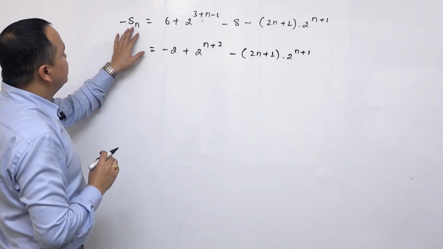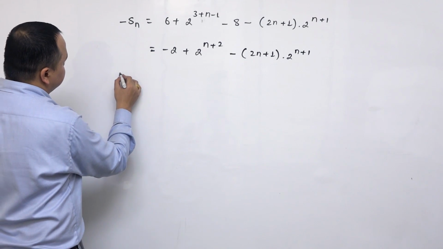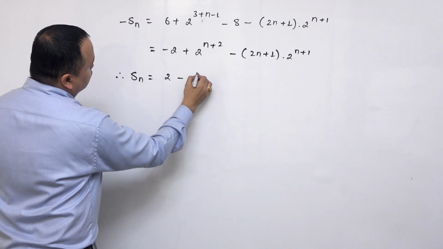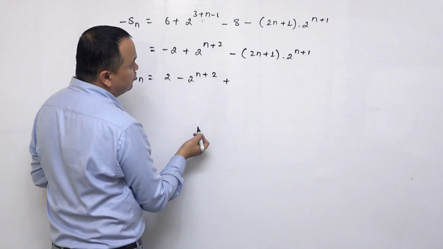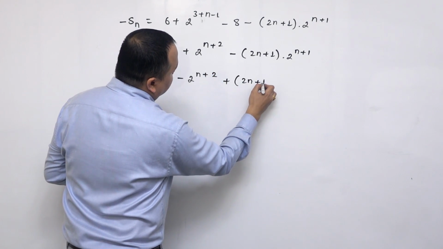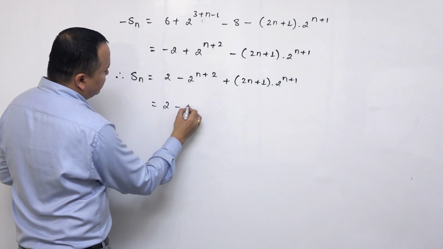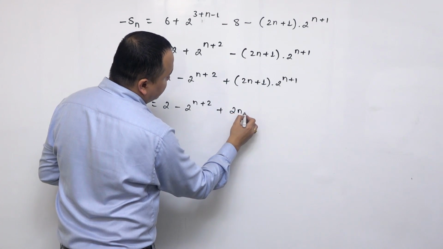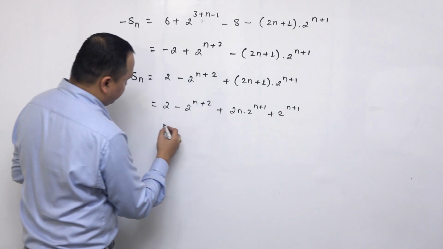Here coefficient of Sn is minus 1, so multiplying both sides by minus 1, we get Sn, this is positive, minus 2 to the power n plus 2, this is negative, so positive, multiplied by minus 1, 2n plus 1 into 2 to the power n plus 1. This is 2 minus 2 to the power n plus 2 plus here 2n into 2 to the power n plus 1 plus 2 to the power n plus 1.